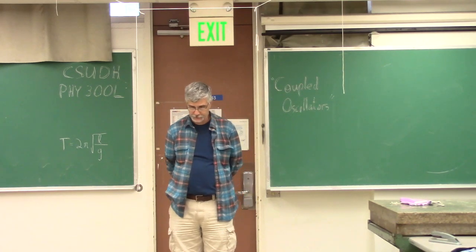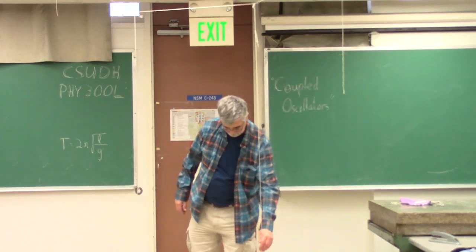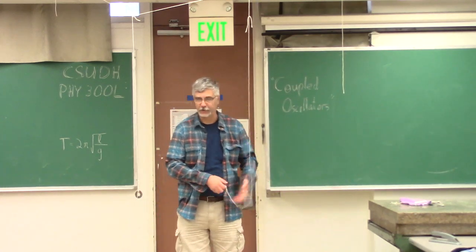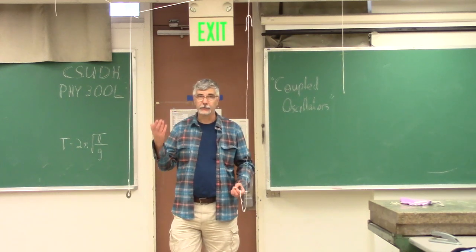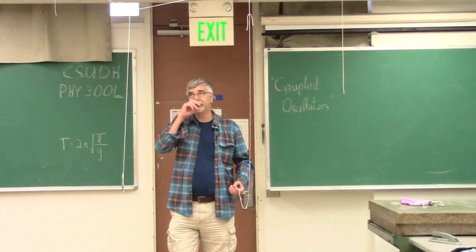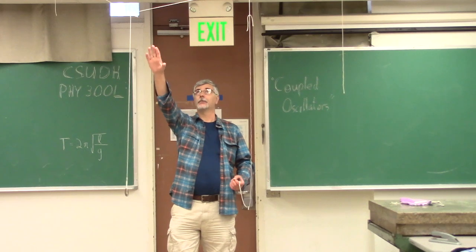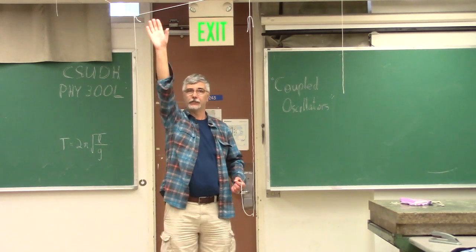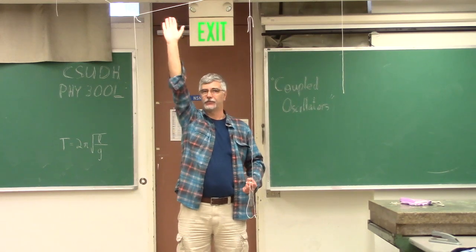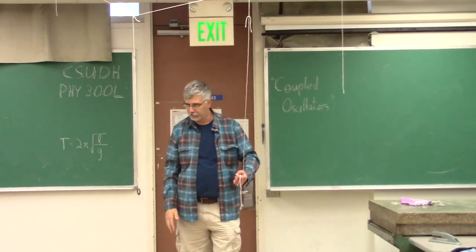Now, for the single pendulum, I'm just going to hold this one so it's not doing anything. For the single pendulum, this is exactly the system I had before. You might have trouble being sure exactly where to measure the length from, because there's a piece of string sideways and a piece of string that's vertical.